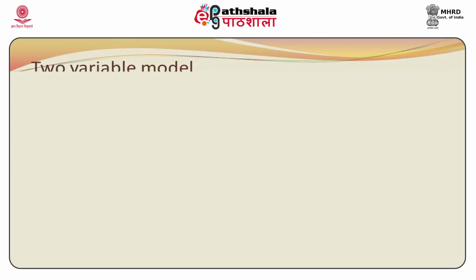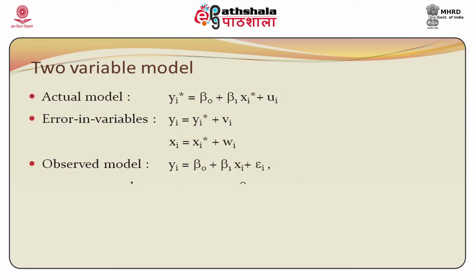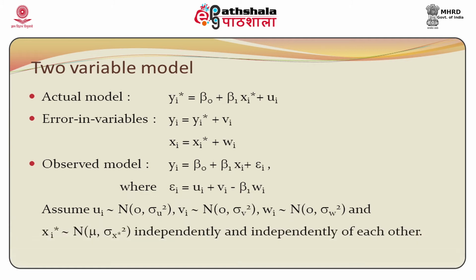Now, let us illustrate the problem through a two variable model. Let the actual model be yi star is equal to beta naught plus beta 1 xi star plus ui. Ui is the model error, and yi star and xi star are the true values of the response and the explanatory variables respectively.